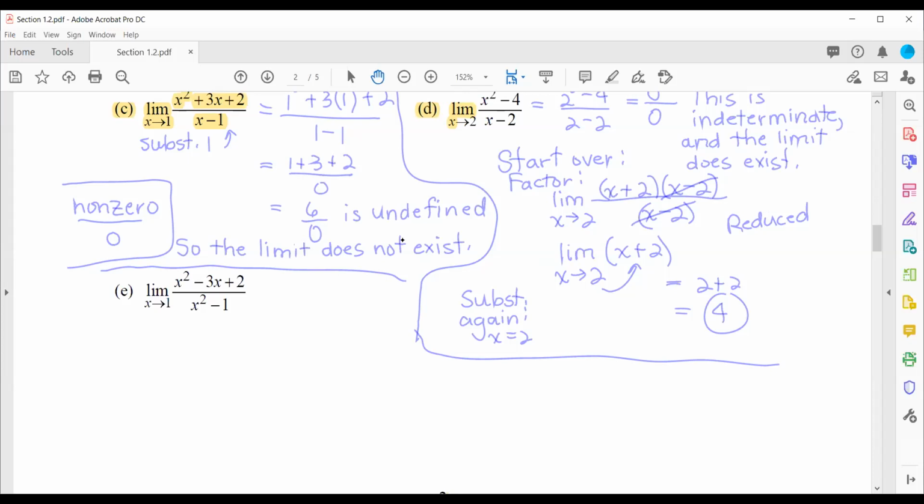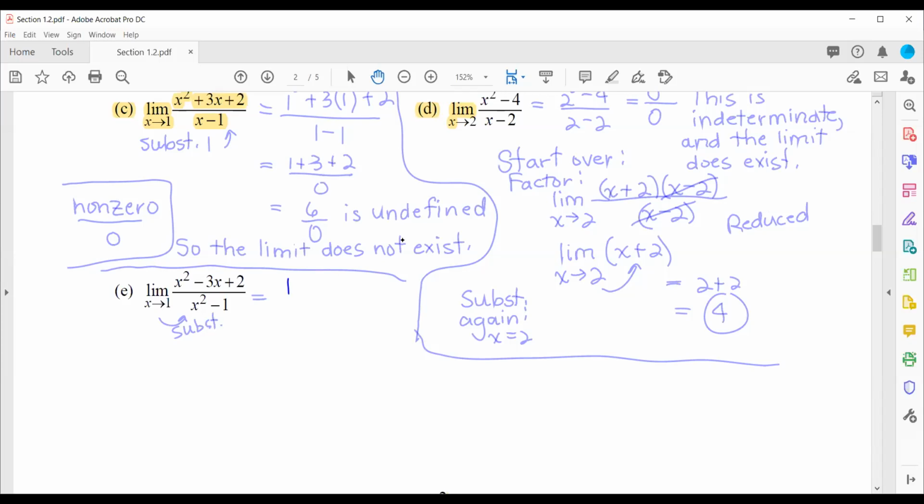Now, some people say, hey, what if I just go ahead and try to factor that first and save some time? You can certainly do that. If you think it'll factor, go ahead and try to factor it. But let's go ahead and start by substituting the 1.